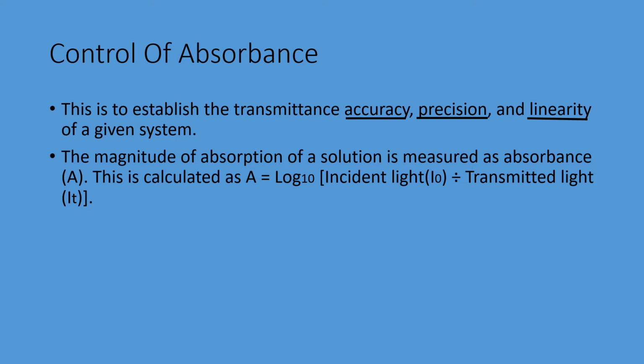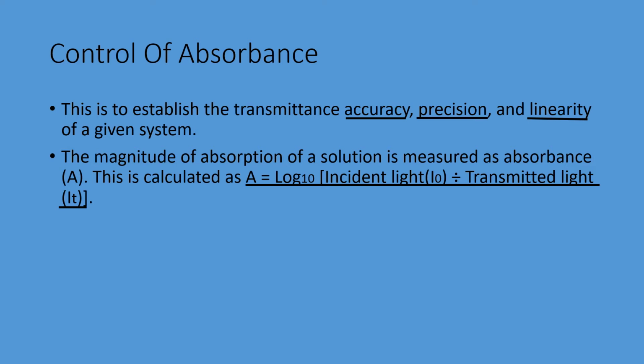The magnitude of absorption of a solution is measured as absorbance A, calculated as A equals log 10 of the incident light I0 divided by the transmitted light IT. The absorption is expressed as absorbance and is calculated as a ratio of the incident light and the transmitted light.